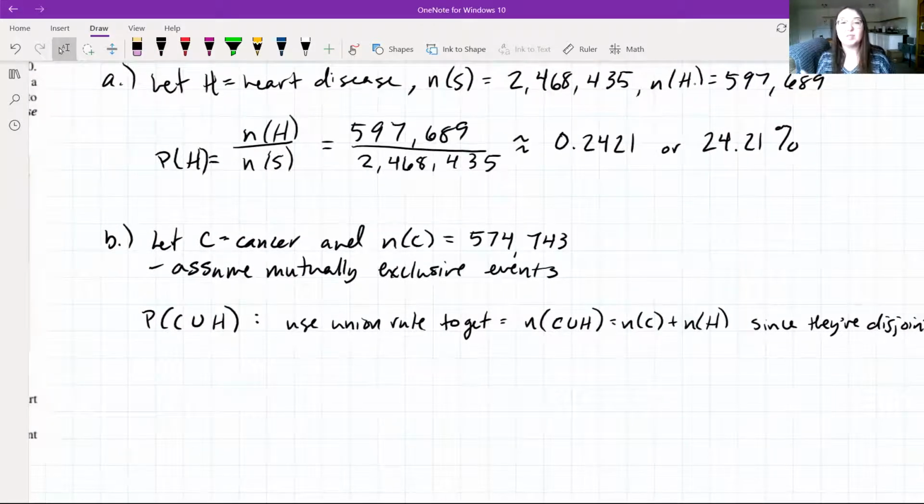So we're just adding these values together.